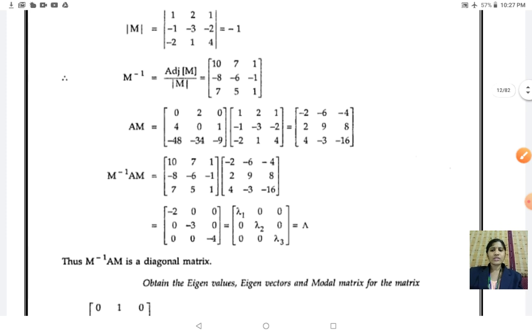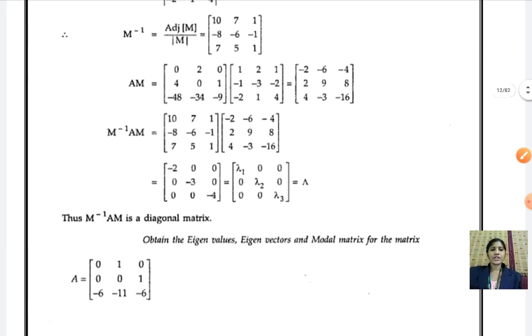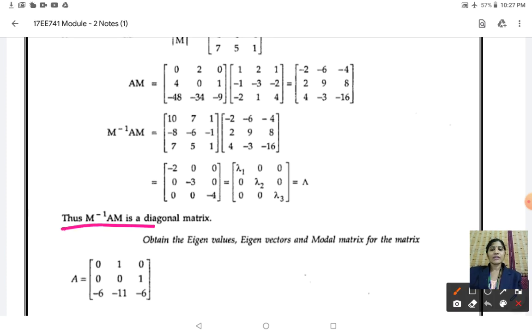When you check for the diagonalization, you have got M inverse AM as a diagonal matrix. This is how you need to solve for your diagonalization matrix. It is the diagonal matrix of your matrix A.